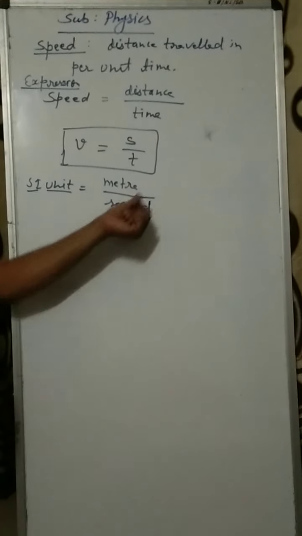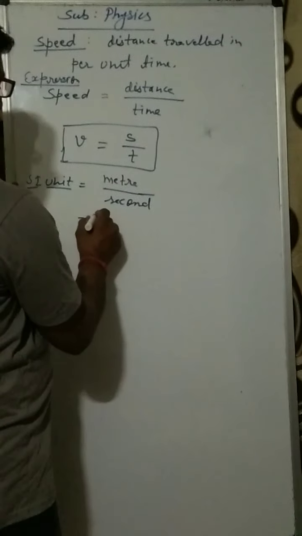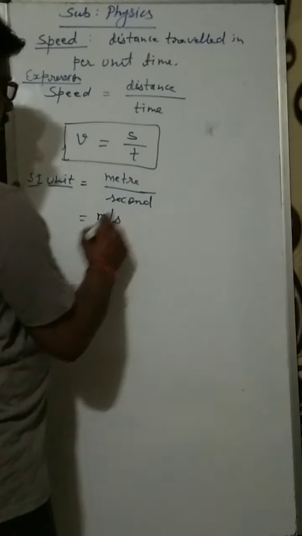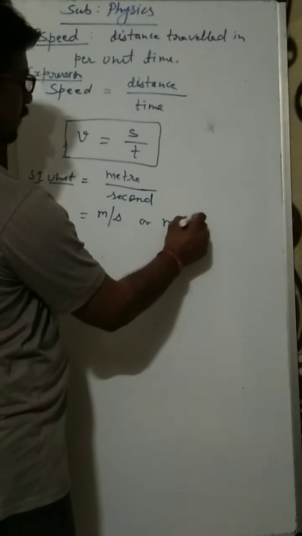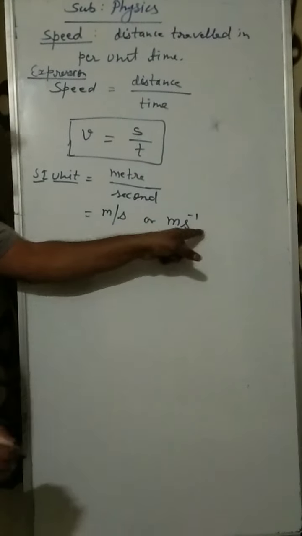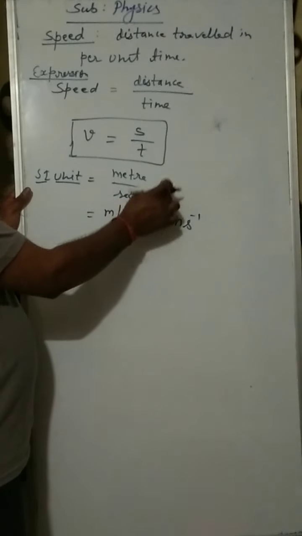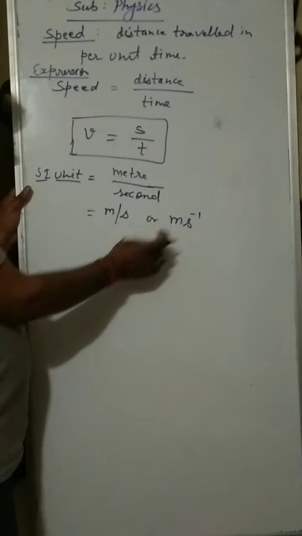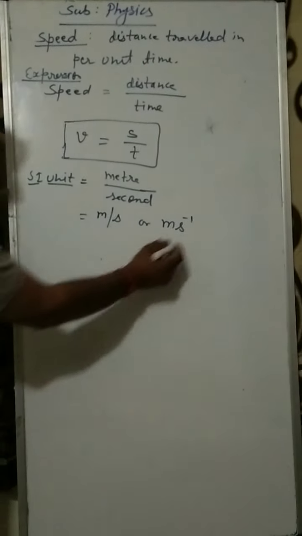Distance is measured in meter and time in second. That is, the SI unit is what? Meter per second, or you can write meter second inverse 1. Why inverse 1? Second is the power 1. When it goes upside, then the sign of power will change, minus 1. That is meter second to the power minus 1.